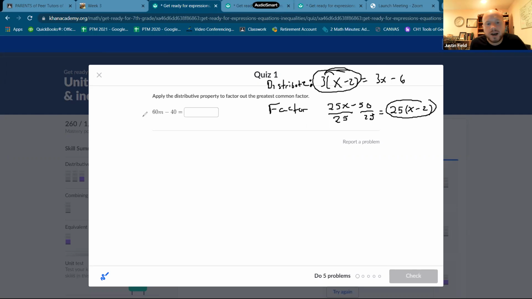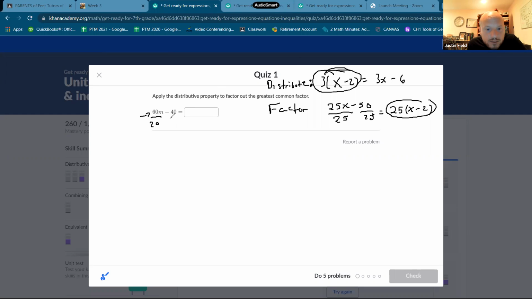What do we have to do? We have to think about what we can divide both of these numbers by. It has to be the same thing. So right away, I noticed they both have a 0, so I could divide them both by 10. But now I'm thinking 60 and 40 are multiples of 20. 2, 4, 6.